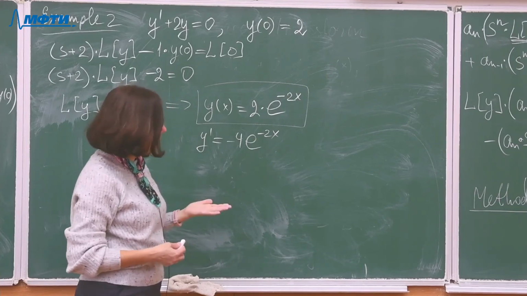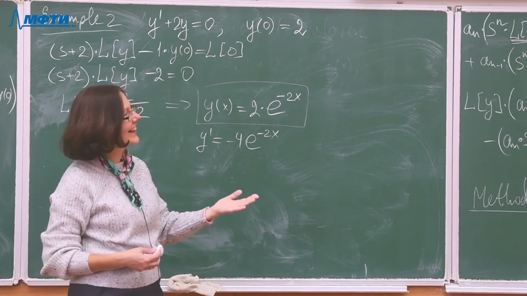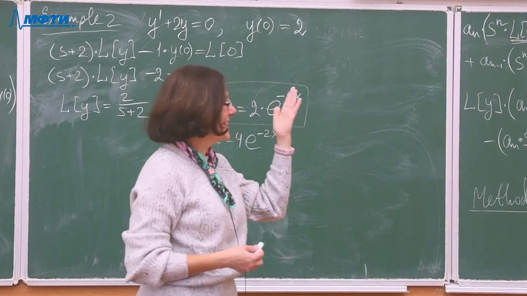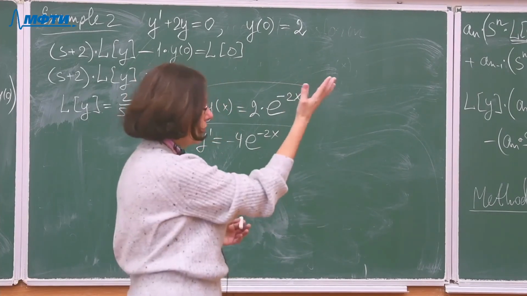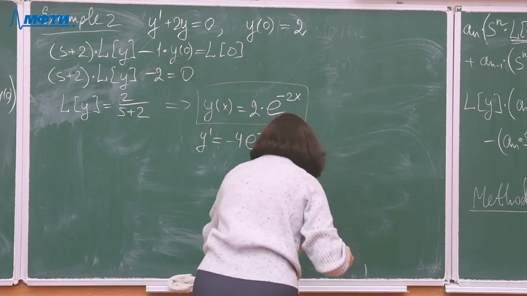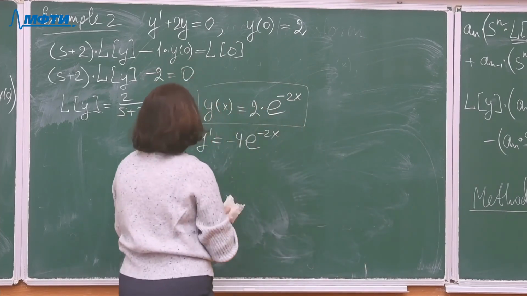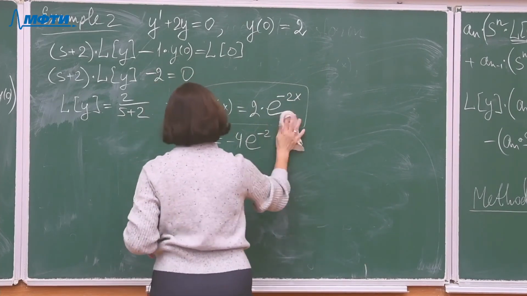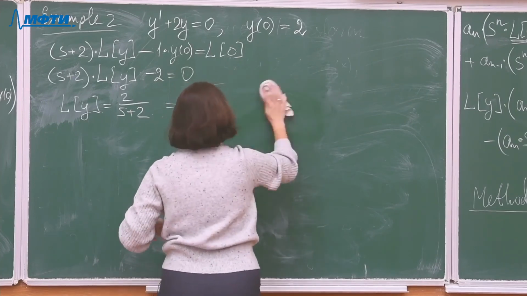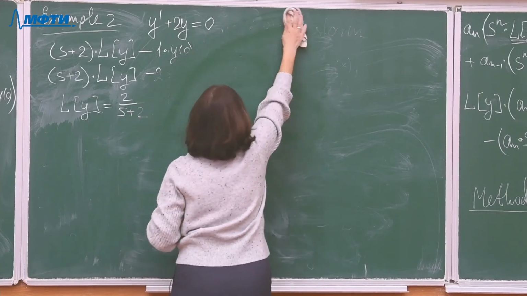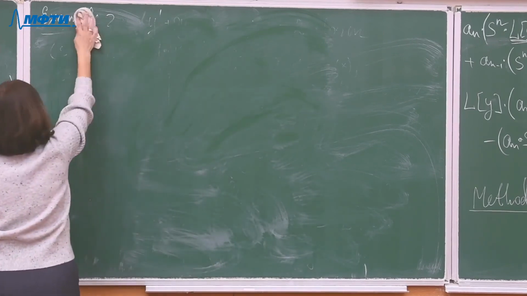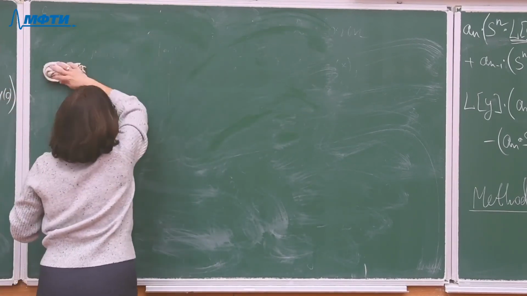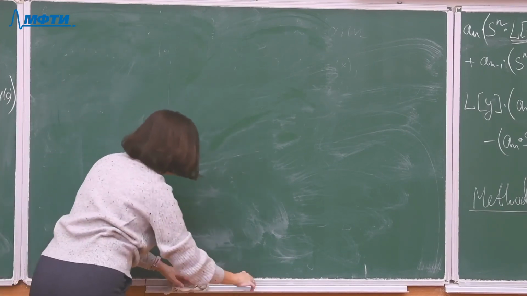But to do this, we need to construct the table of Laplace transforms, and we know the Laplace transforms of these two functions. At the end of this lecture, we have 5 minutes to finish. So I will start, and we will continue during this seminar, and after this we will try to solve problems. This will be the plan.